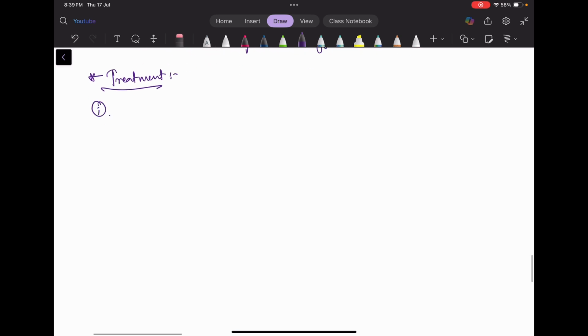So first, CFTR potentiator. There is something which is not working, you need to make it work, right? So this potentiator acts like that, it keeps the gate of the CFTR channel open.